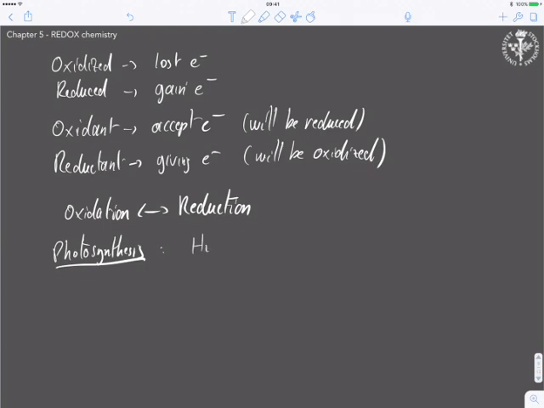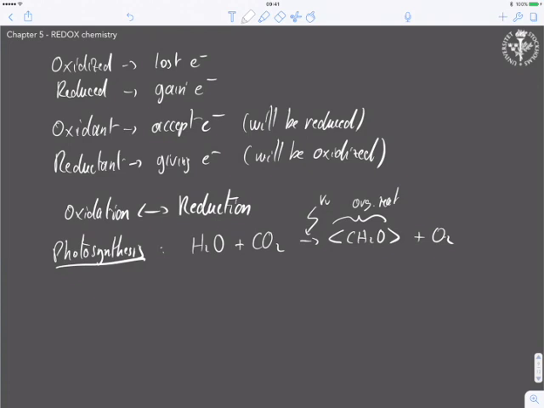You have H2O plus CO2 plus some energy from the sun will give you some organic matter that we simplify by writing CH2O, plus some oxygen. This is organic matter if you want. I'm just simplifying. I could write glucose, for example. So this is photosynthesis, and this is a redox equation.